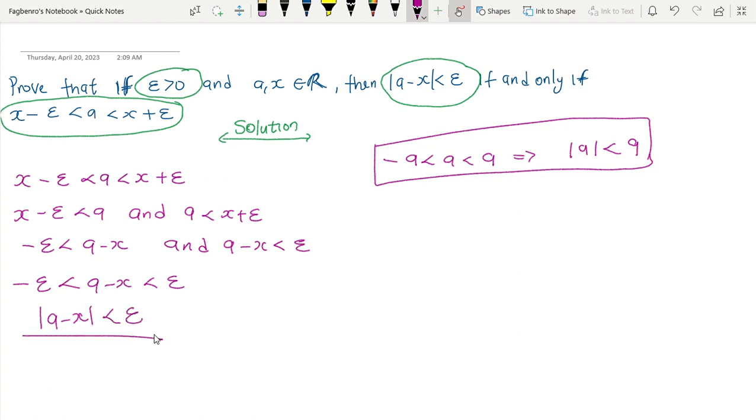Epsilon, because on a natural ground, the absolute value of a minus x less than epsilon is minus epsilon less than a minus x less than epsilon. So that is just the end of the proof. Thank you.